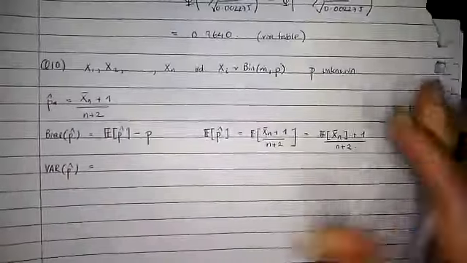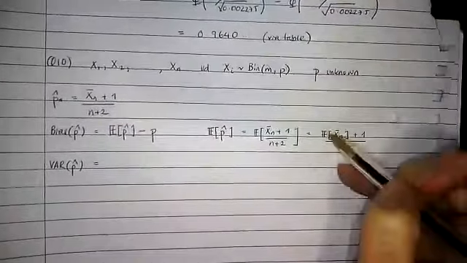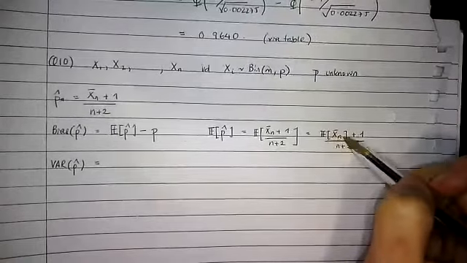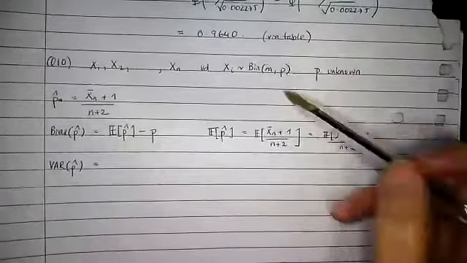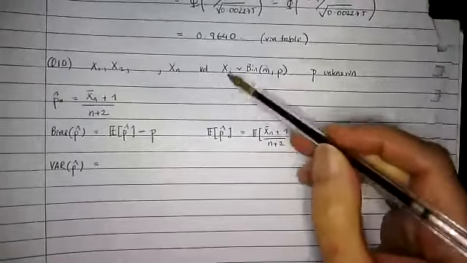We've used this over and over again: the expectation of the sample mean, x bar n, is the same as the expectation of any of the xi's.